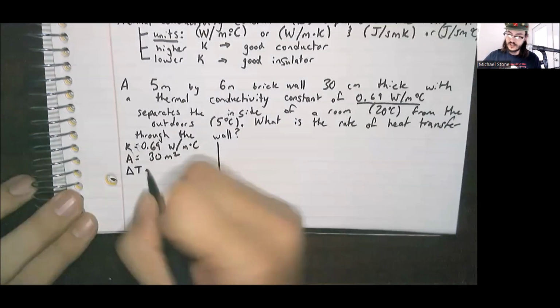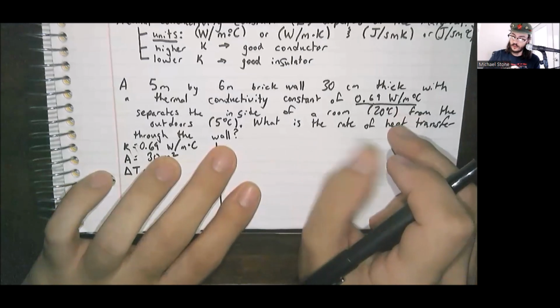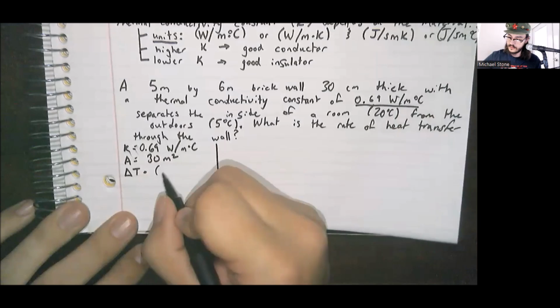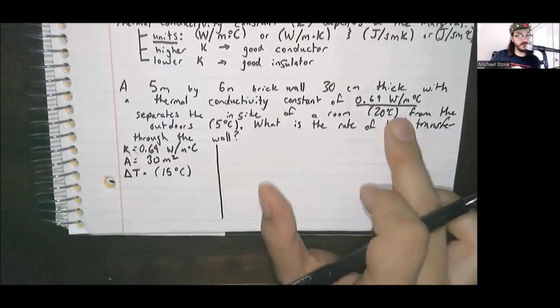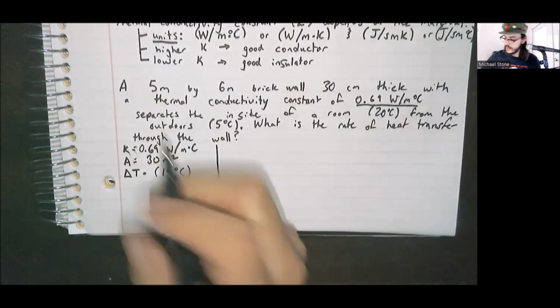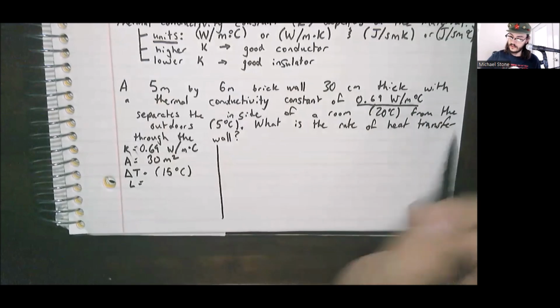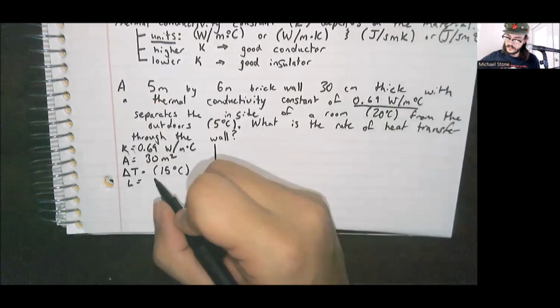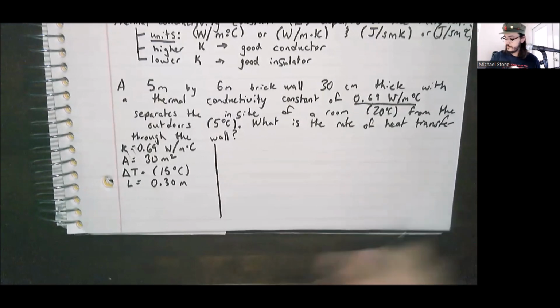We need the change in temperature, and that is hot minus cold. For us it is 15 degrees Celsius, 20 minus 5, delta change. And the length of the path taken is the thickness of the wall at 30 centimeters, which is 0.30 meters.